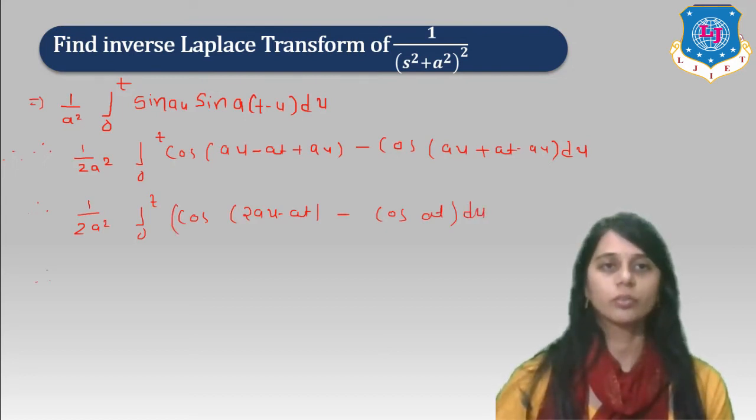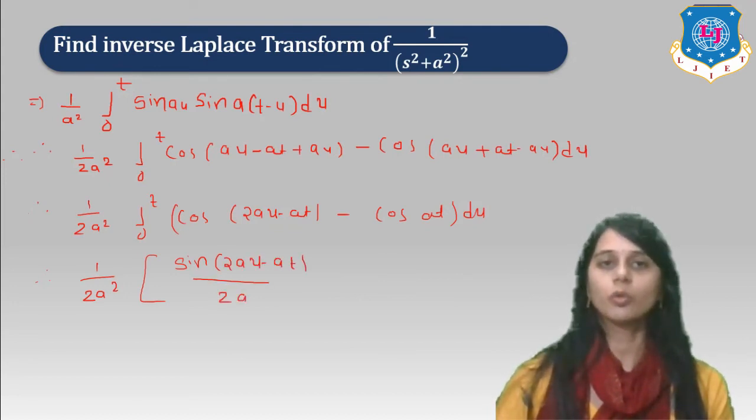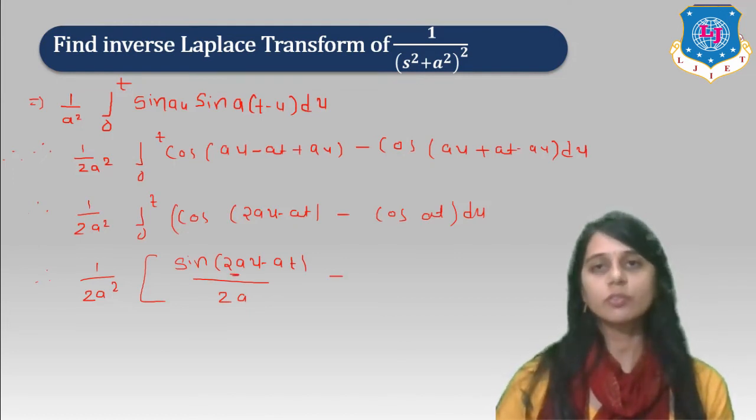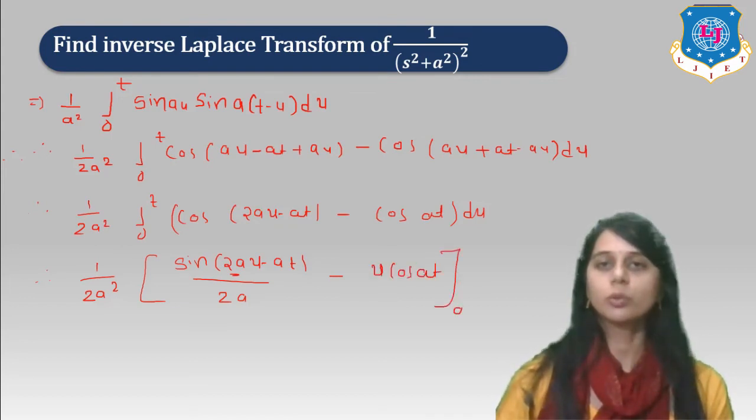Taking the integration, 1 upon 2a square, cos(2au minus at) gives sin(2au minus at) upon 2a, the coefficient of u, minus cos at, which is a constant with respect to u, so it is u cos at, from 0 to t.